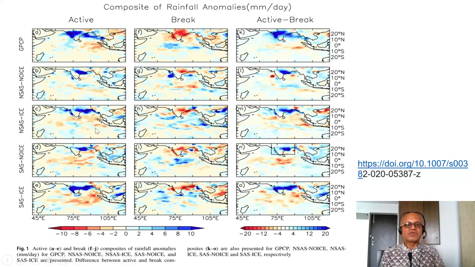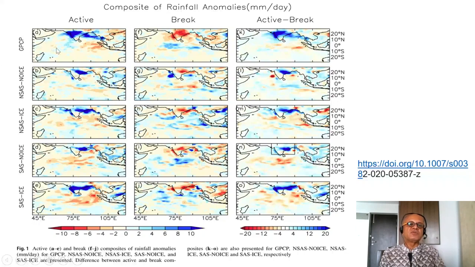So to start with, just to orient ourselves, this is a model study that took one model, I think it's CFS, and then took multiple cloud microphysics and convective schemes and looked at things like the active and break periods and the difference of active minus break.